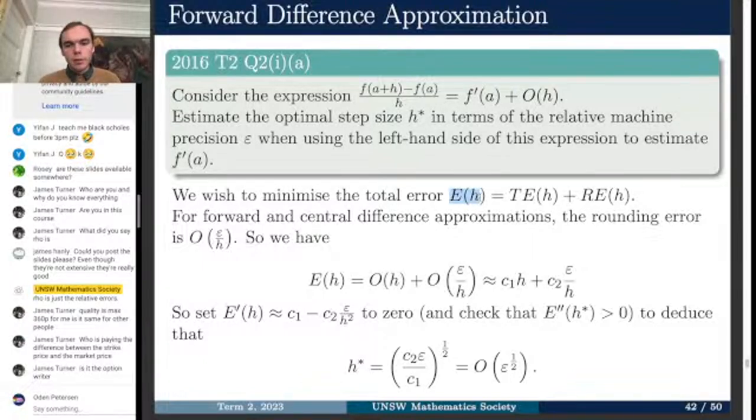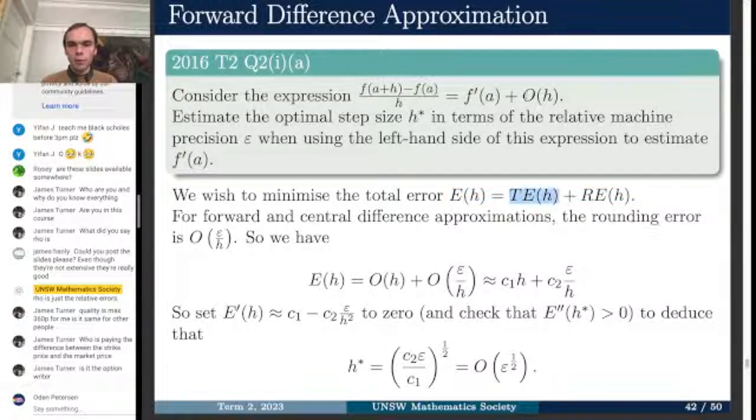And I guess the thing to know here is that this error is going to come from two different sources. There's the truncation error, which is basically represented by this term, and then there's a rounding error, which comes about because we're using floating point numbers to compute this expression. So if we take this expression here, the total error is the truncation error plus the rounding error.